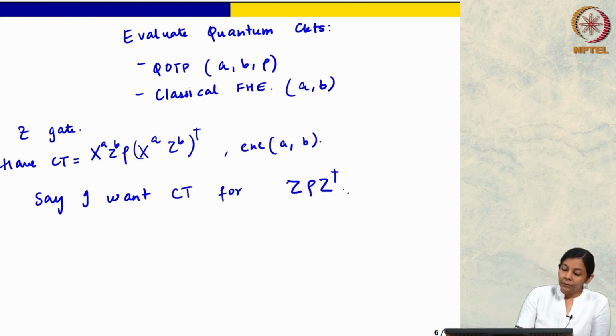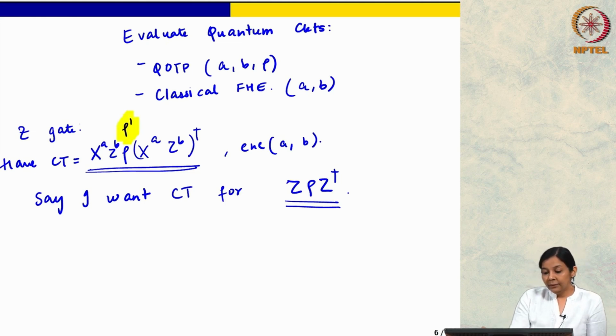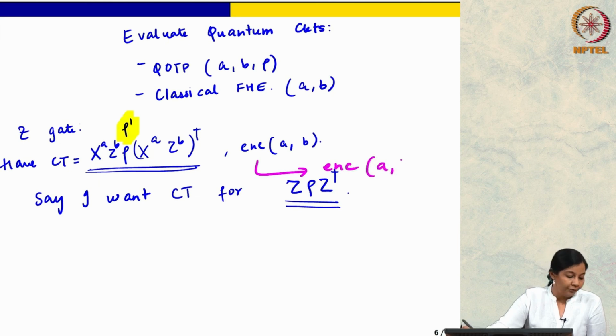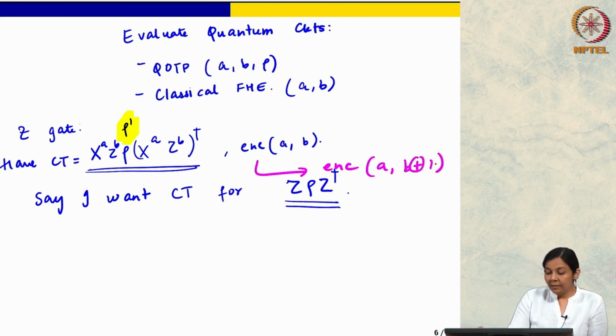Very good. So, that is exactly the idea. We are just looking at this as a warm up, right. I already have this QOTP, again let us call it rho prime as before. Now, if I simply change this to an encryption of A and B plus 1, then what happens?